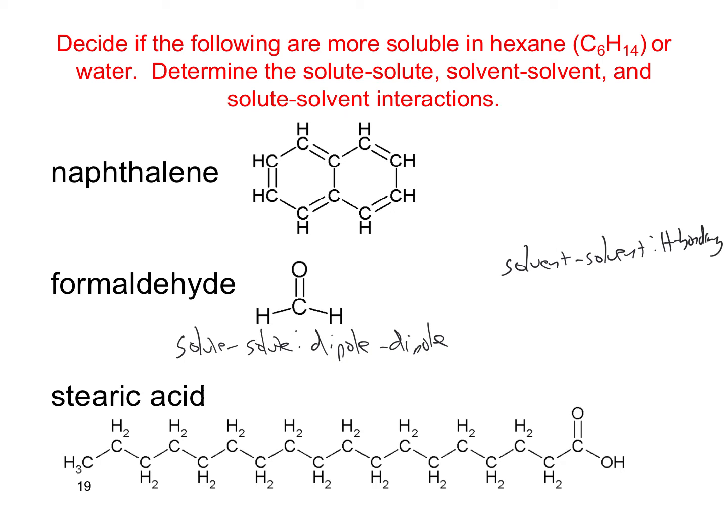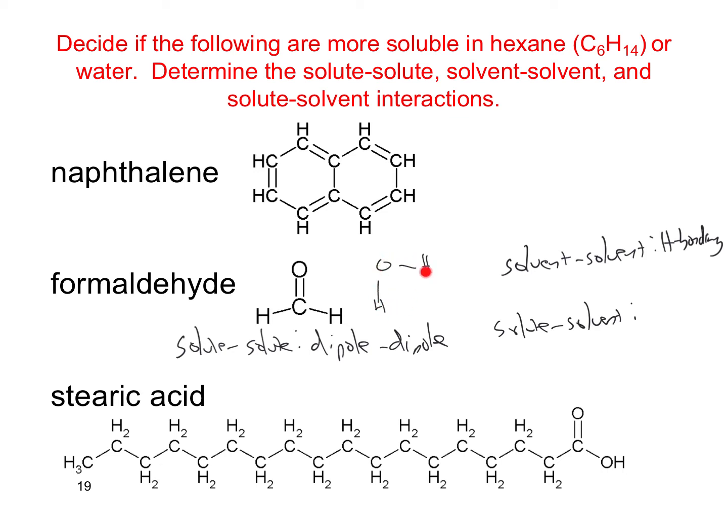And then the solute-solvent interactions. Right, remember that for hydrogen bonding, they both have to be polar. Both molecules have to contain oxygen, nitrogen, or fluorine, but only one of them has to have a hydrogen directly connected to an oxygen, nitrogen, or fluorine.